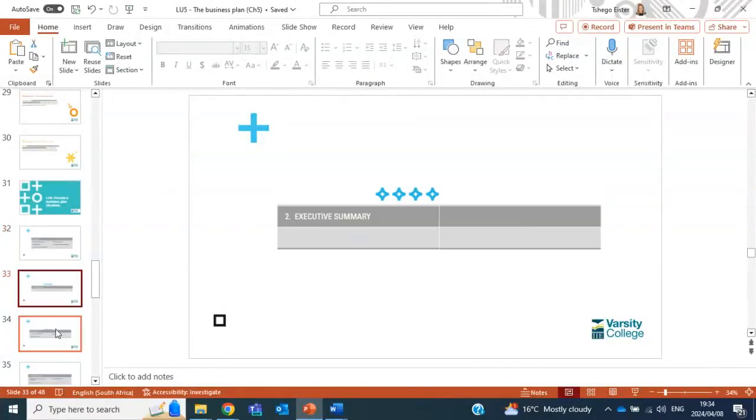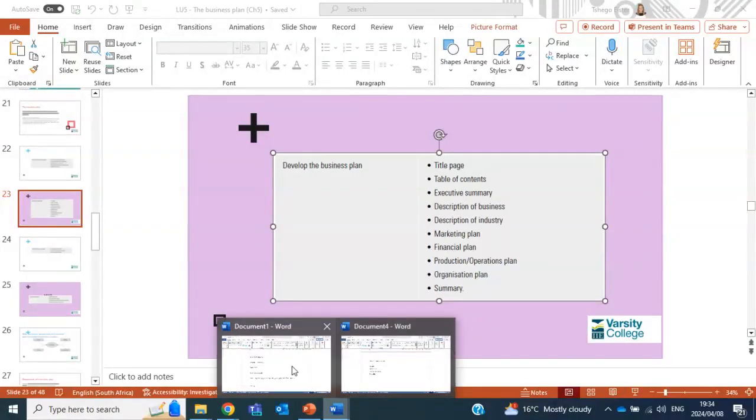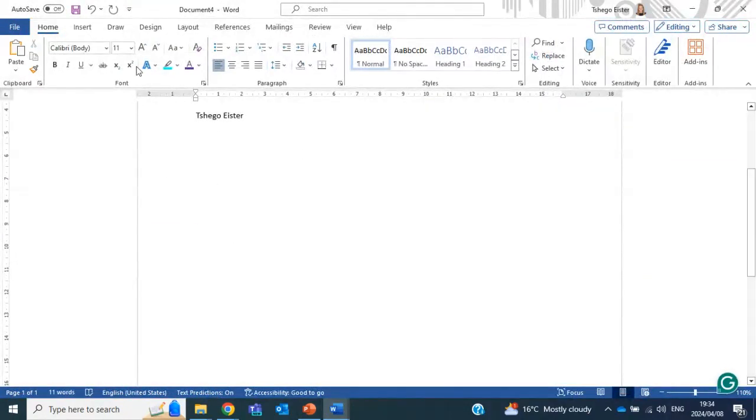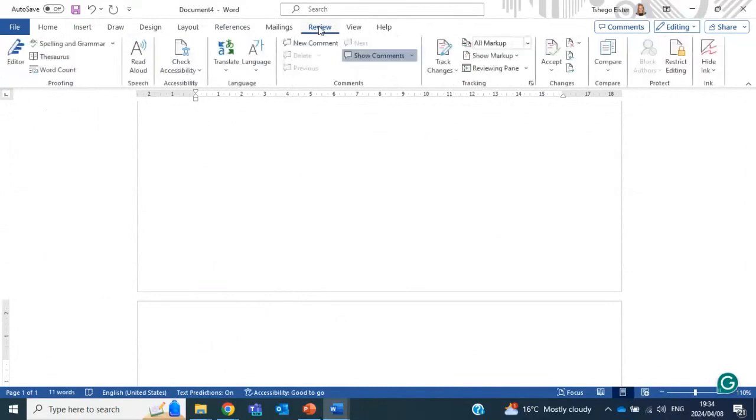Then the second thing would be the executive summary. But before this executive summary, normally after the title page, we've got a table of contents. I think with any document that we create, we need to insert a table of contents. So you will say page break, and then you'll go to review. And is it review?